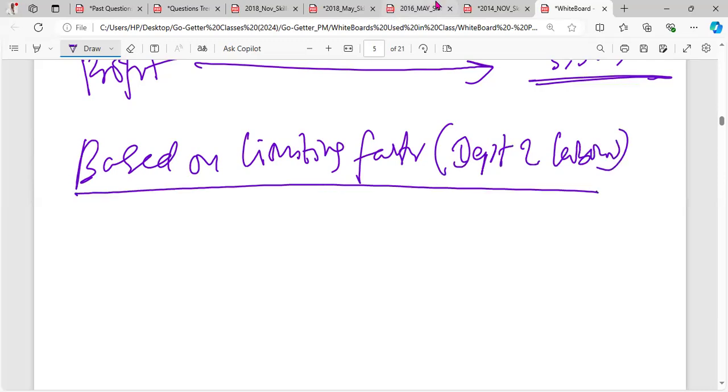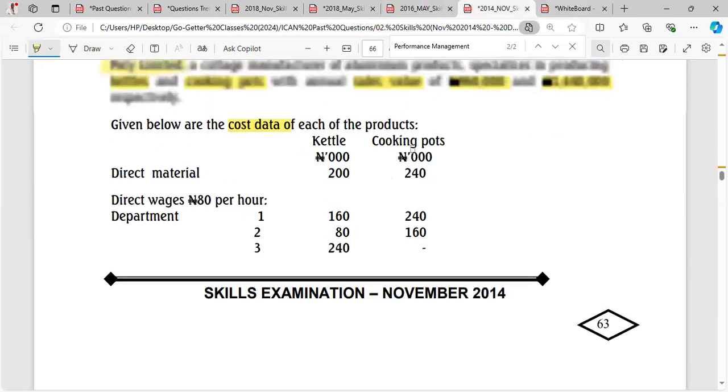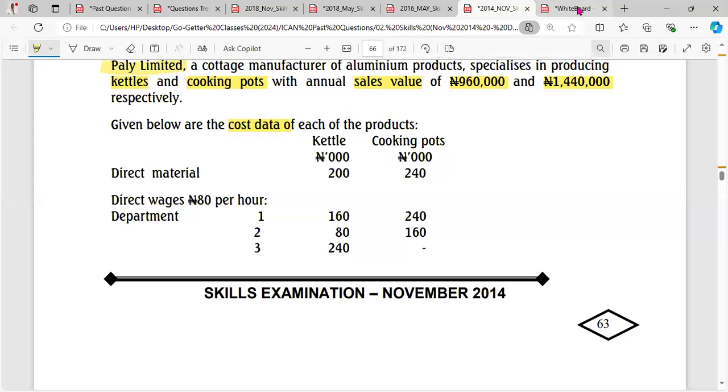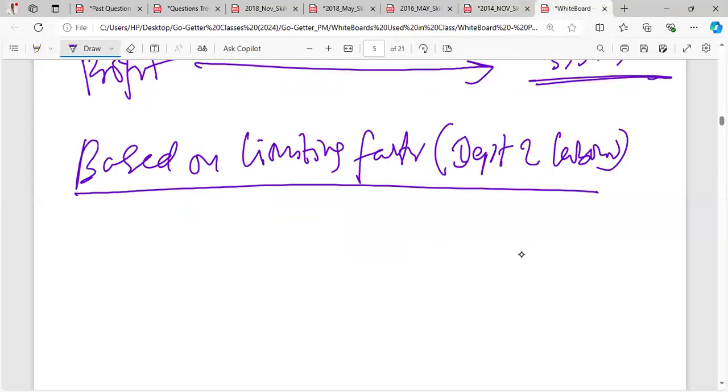So let's see what was done in Department 2. Direct wages is paid 80 naira per hour. So you say labor rates, 80 naira per hour.